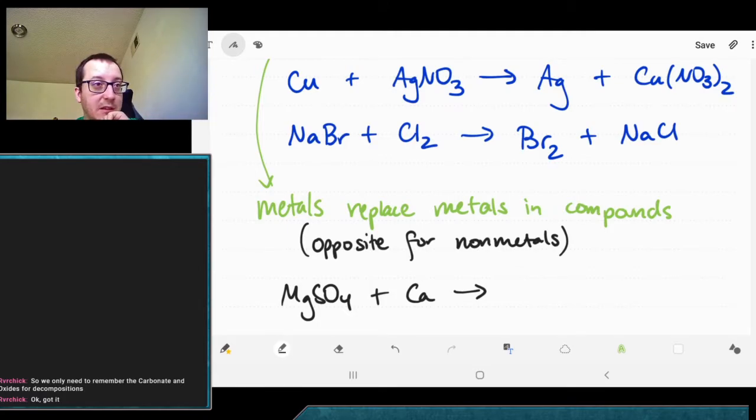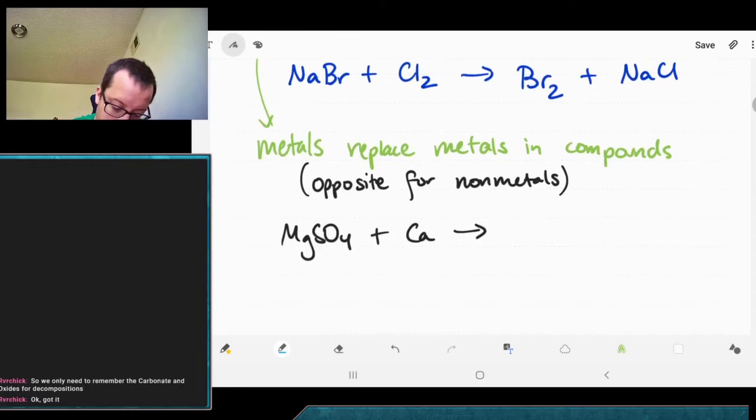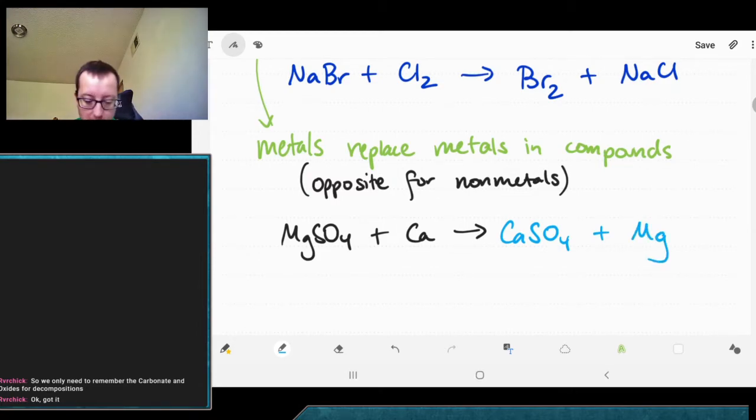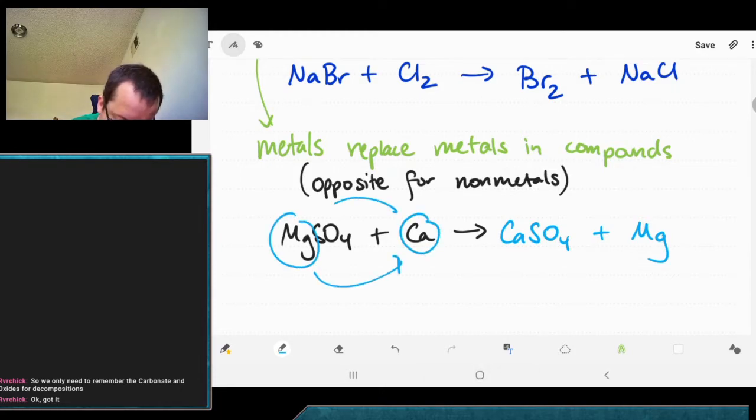We'll say, okay, calcium is a metal, so it is going to replace the metal in the compound. The metal that's in the compound is magnesium, and so those two are just going to swap places. So as a result, we end up getting calcium sulfate plus magnesium. It just kicks it out. Right? So what's happening here is these two are switching positions. Our calcium is going to kick out the magnesium, and now the magnesium is out by itself.